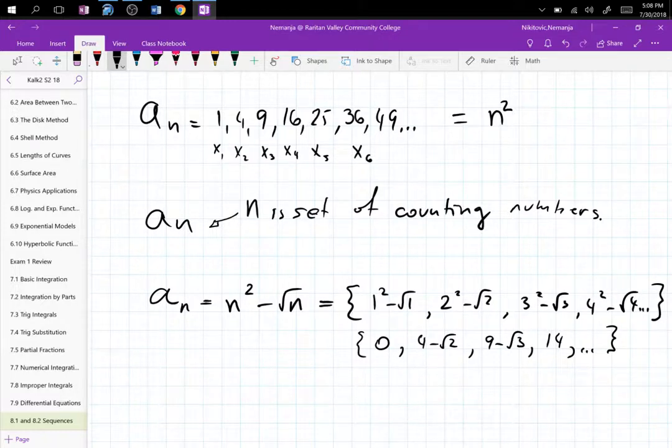So they don't have to look, quote, nice, right? They can be whatever they need to be. However, you have to be able to somehow trace it all the way back to the original formula for which you used x1, x2, x3, x4, x5, x6, and so on, as an input.